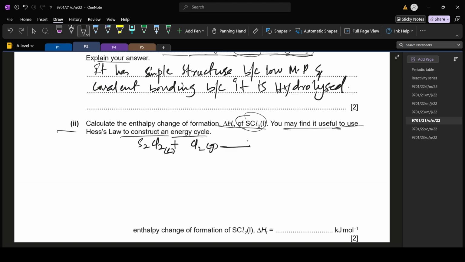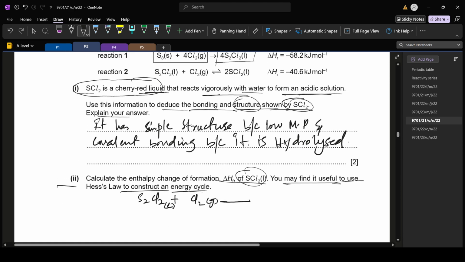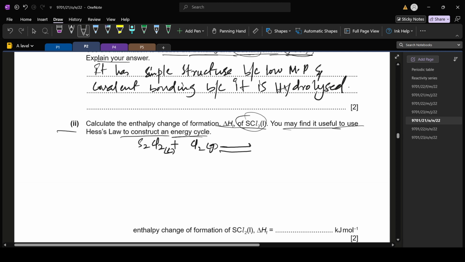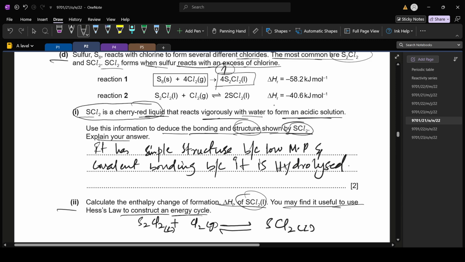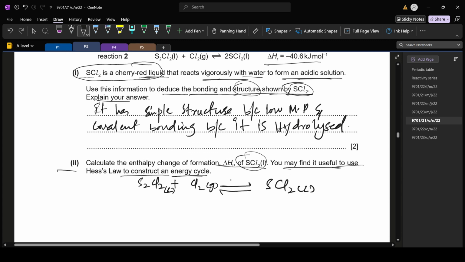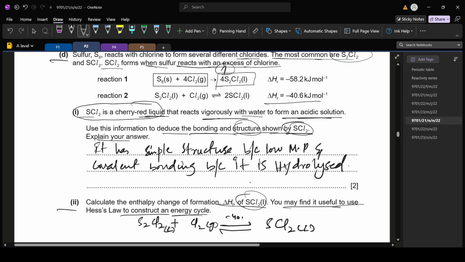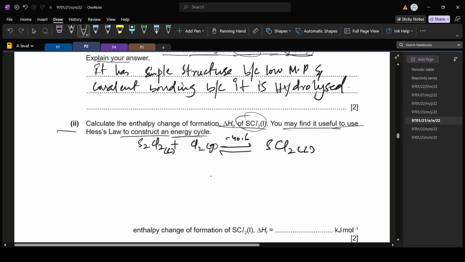When they react, the reaction is reversible. So SCl2 is formed. This is also liquid. And what is the enthalpy change of this reaction? This is minus 40.6.